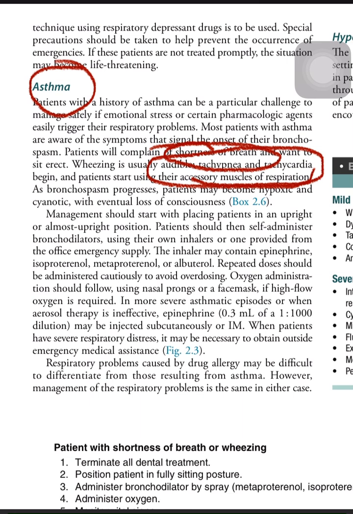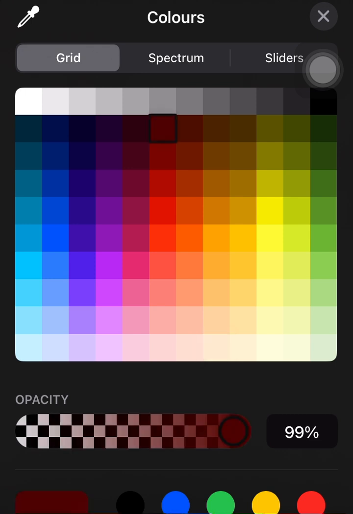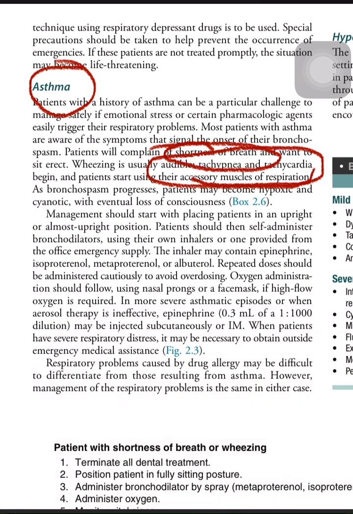So the next thing we have to consider is management protocols. What we have to do immediately after this.